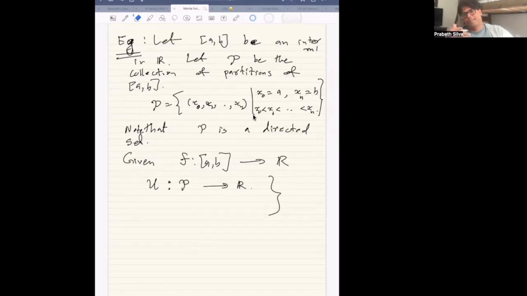The upper sums decrease, and the lower sums increase. Then you can talk about the limit and when this thing exists.